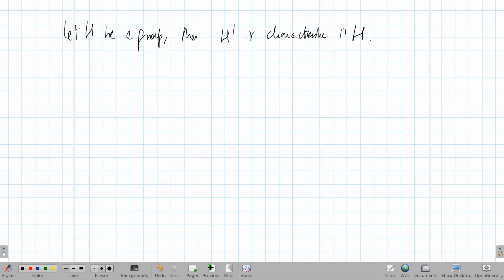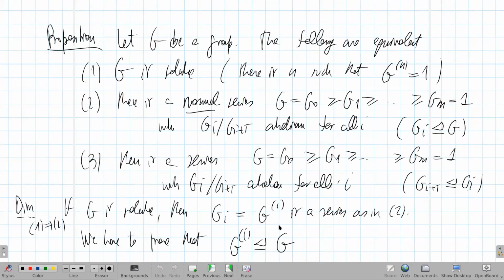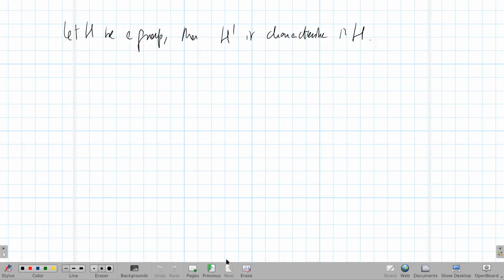So, as I said, I have to prove that these terms of the derived series are normal in G. Well, we have proved earlier that G_1 is normal in G. This is G prime, and we proved that it's the smallest normal subgroup with abelian quotient.